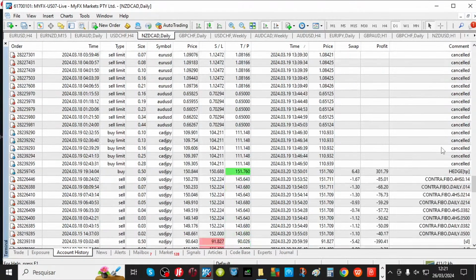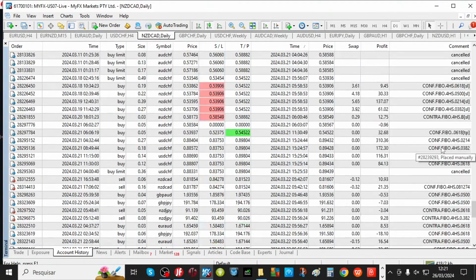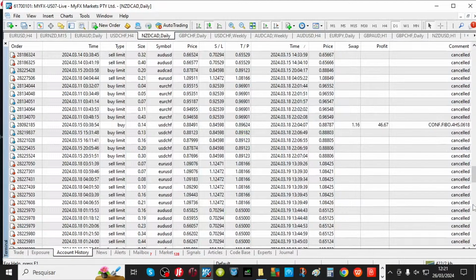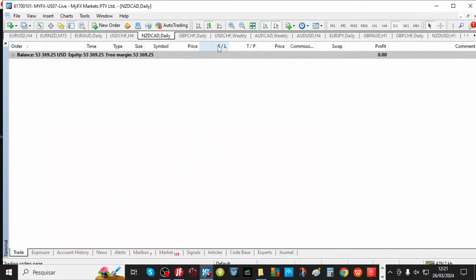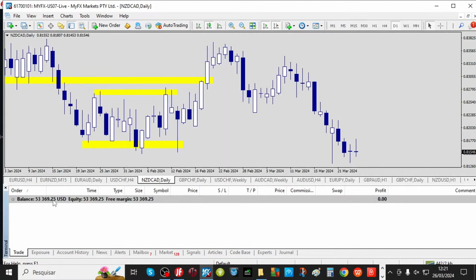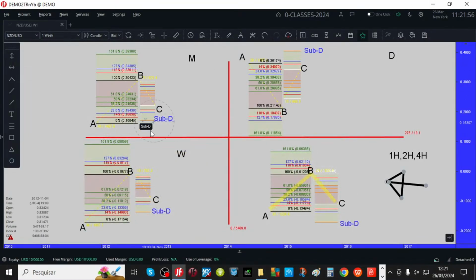Can you see it, everybody? Douglas is going to withdraw the profits at the end of the month. But for you to have a similar result, you need to understand alignments. Does this make sense?